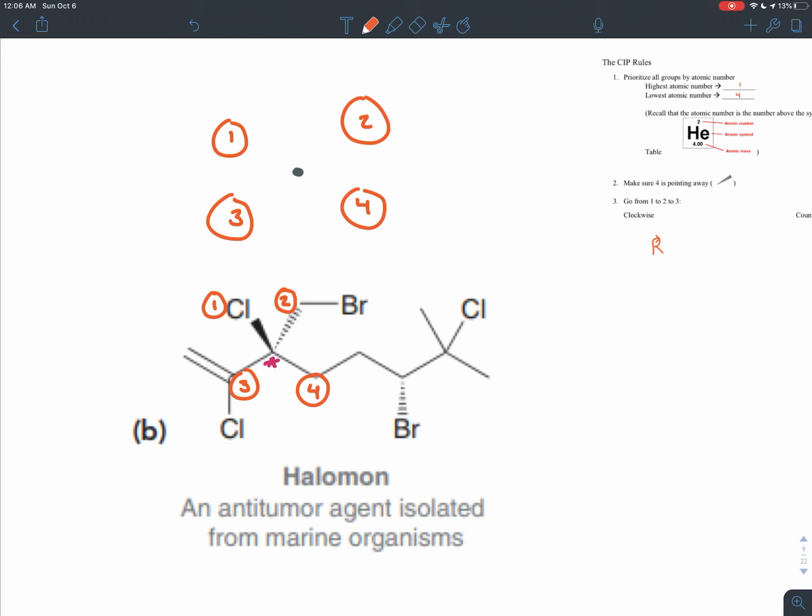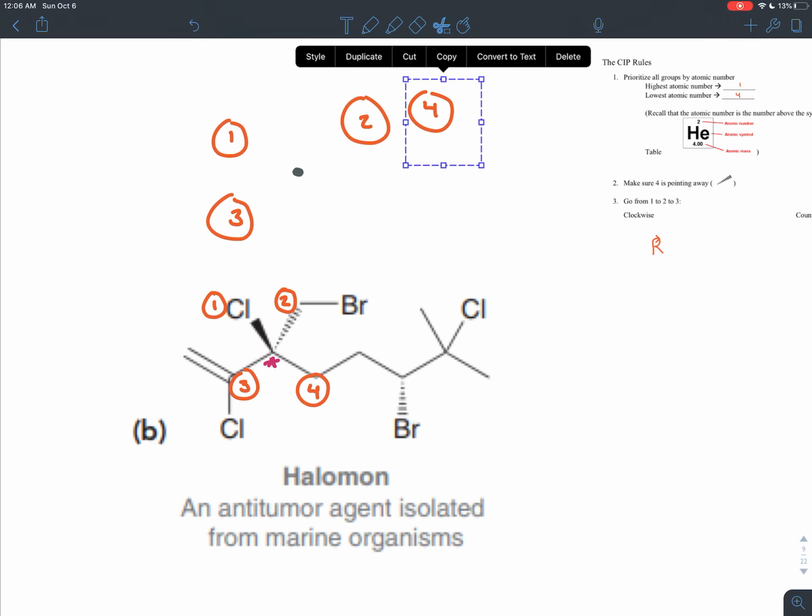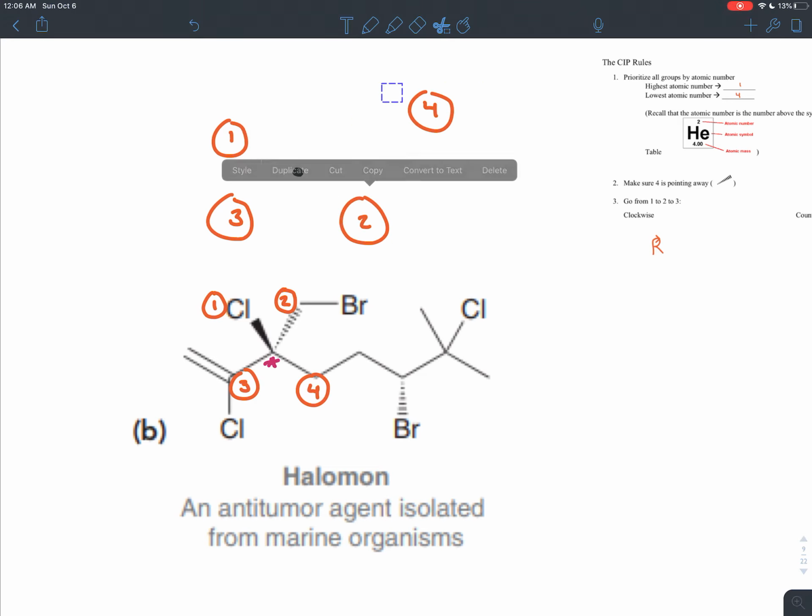So I'm going to switch 2 and 4. Oops, because I want 4 to be going away. And right now, 2 is the one that's going away. So I'm going to switch those 2. So it goes like that. So now 4 is going away.